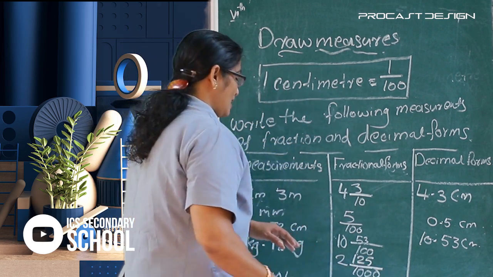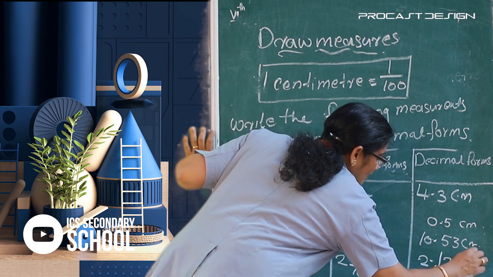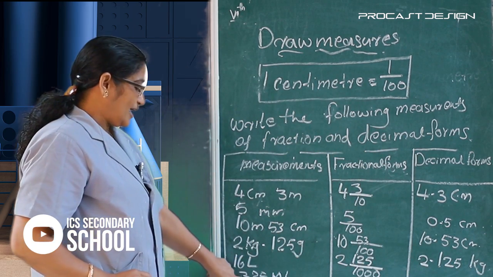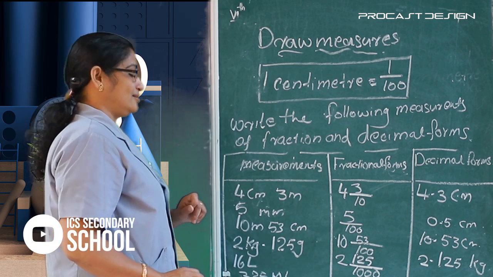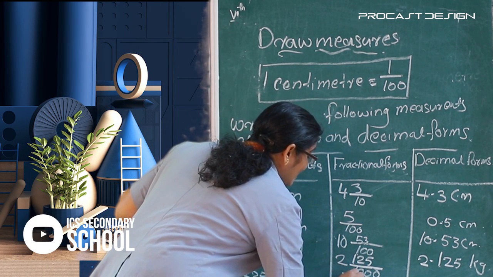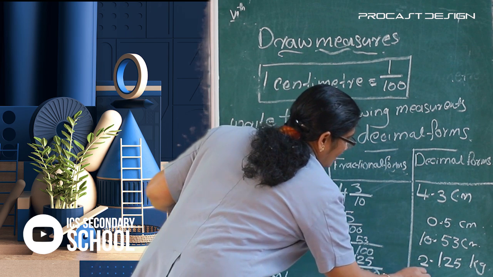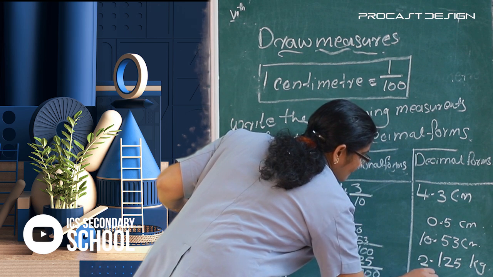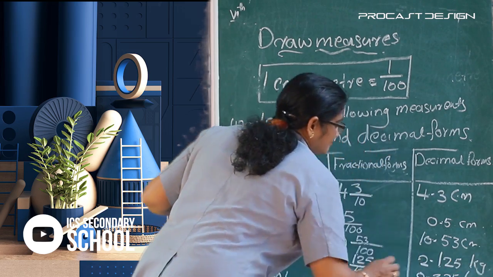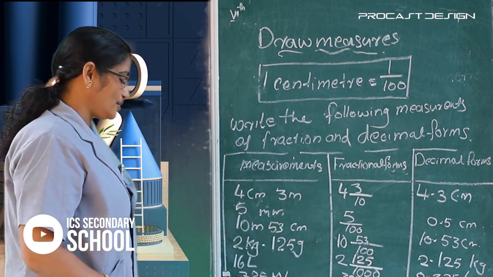Decimal form: 2.125 kilogram. And next, 325 milliliter: 325 by 1000 liter. Write down in your notebook.